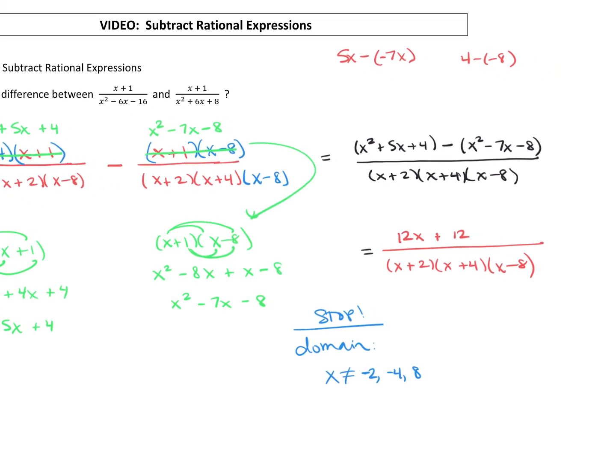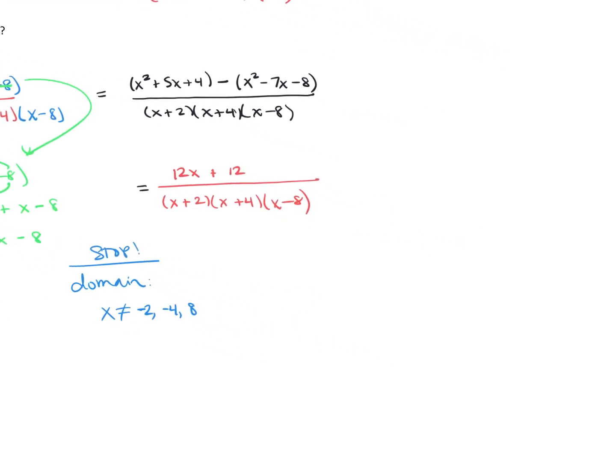Okay, back to our problem. To try to do any simplifying, we're going to see if we can factor this numerator and hopefully have a common factor with a denominator that we will simplify away by canceling it out. That numerator we can factor. There's a 12 common factor, so let's factor a 12 out. Leaves us with x plus 1.